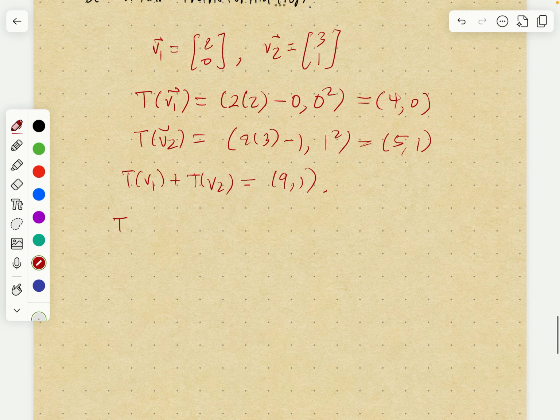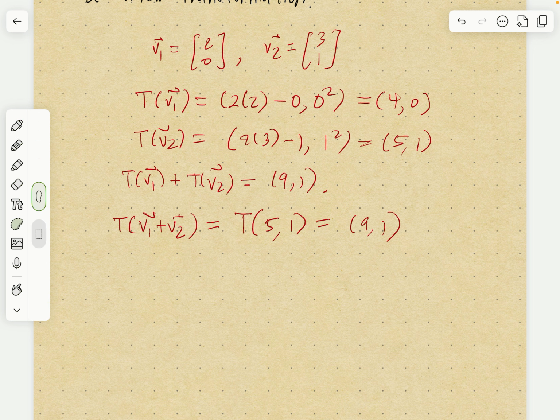Now if you do it the other way, which is T of v1 plus v2, v1 plus v2 is going to be (5, 1). If you plug that in, you get (9, 1). And now the student says, hey, look, these two are the same.